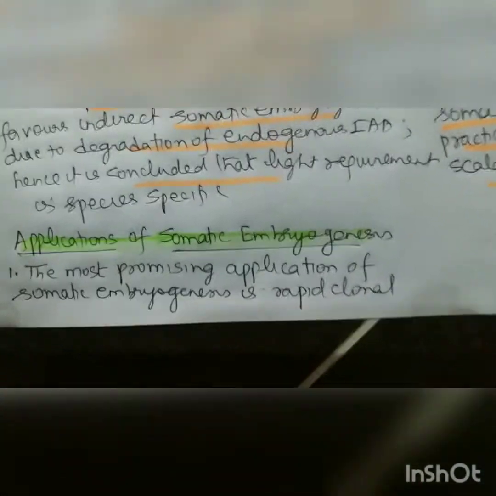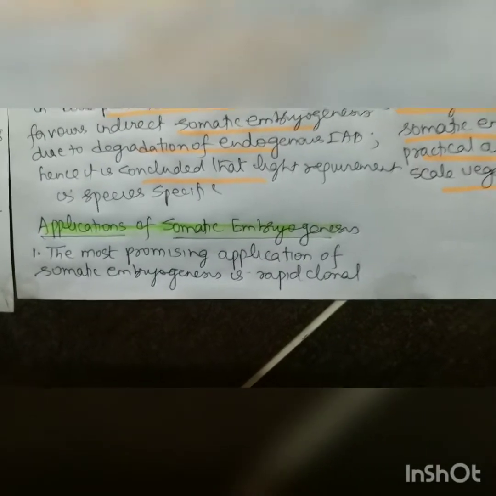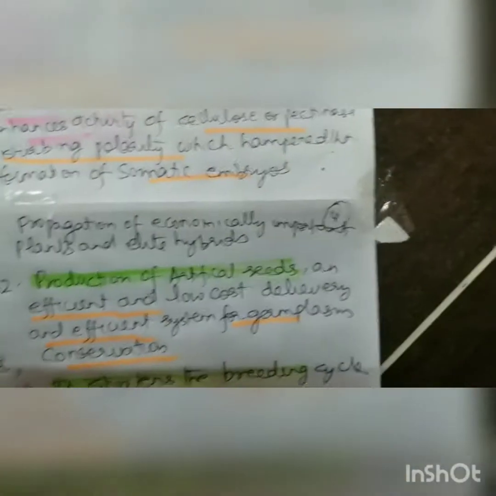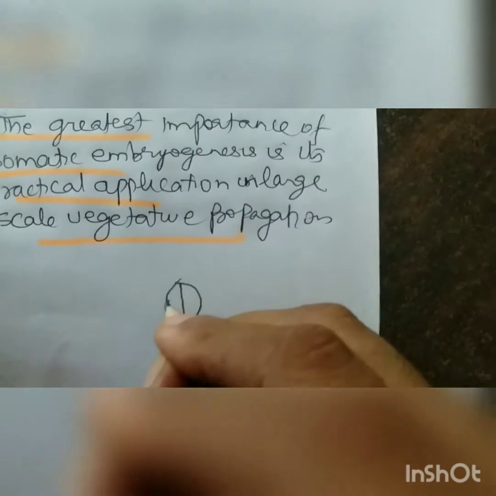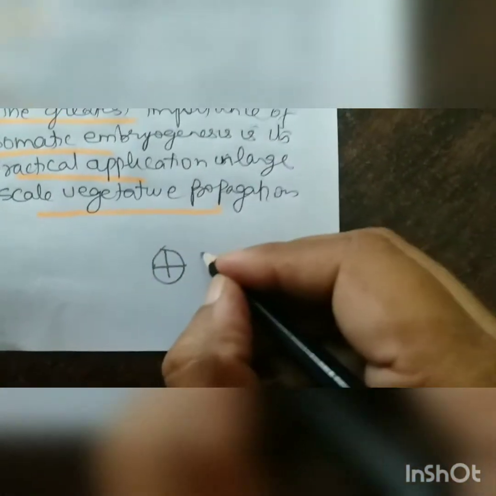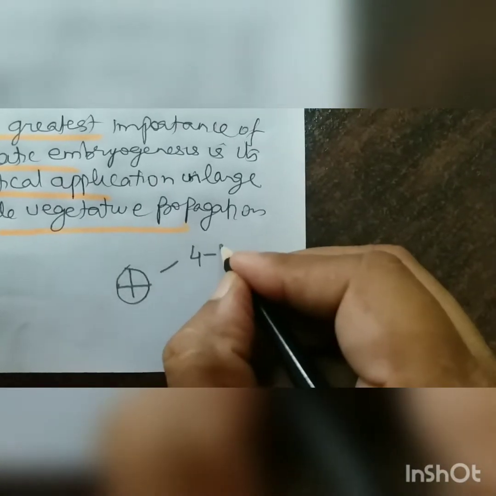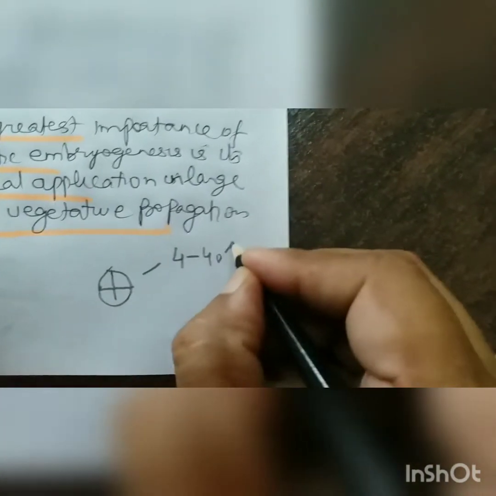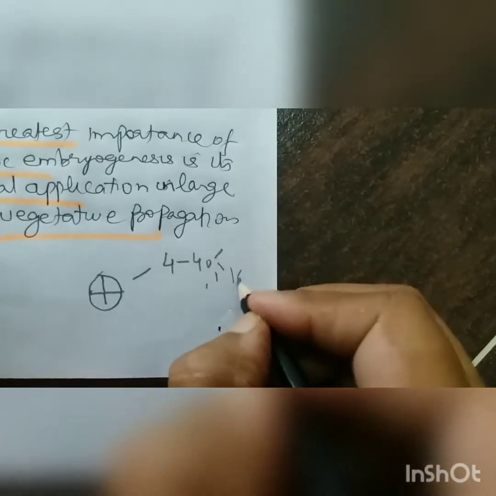Now I am coming to the next, that is the application of somatic embryogenesis. The most promising application of somatic embryogenesis is rapid clonal propagation. I will show you this. If this is a PLB, you can break it into 4, right, and you put them in 4 tubes, and each tube you have 40, so you can break again into 4, so it becomes 160.